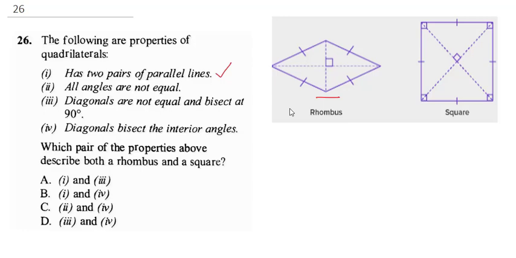So this is not the same for both of them. The diagonals are not equal and bisect at 90 degrees. For a square, the diagonals are equal. So this is wrong. Now, it says the diagonals bisect the interior angles. Yes, you can see the diagonals divide the interior angles. So this is correct. So we have I and IV being correct. So our correct answer here is B.